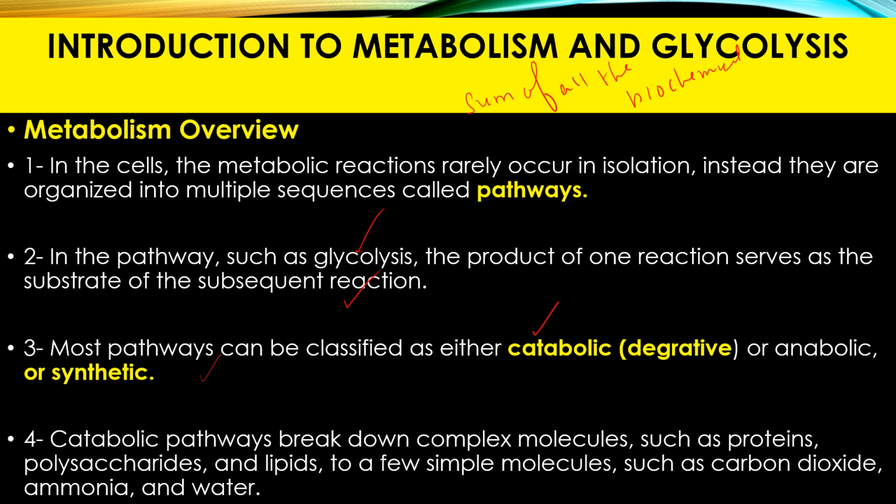Catabolic pathways break down complex molecules such as proteins, carbohydrates, and lipids into simpler compounds such as carbon dioxide, amino acids, and water. So these are known as the catabolic reactions.